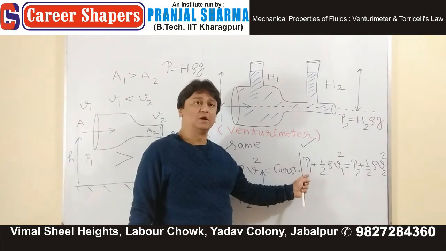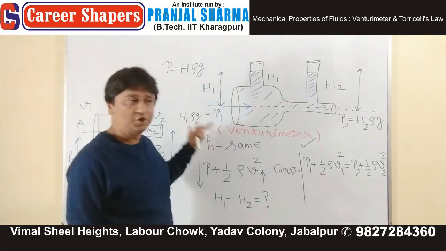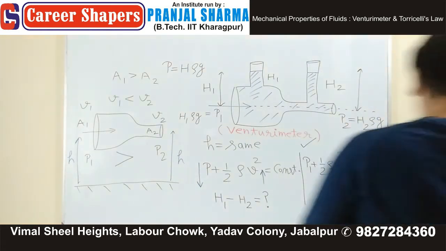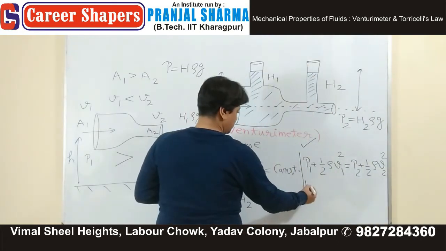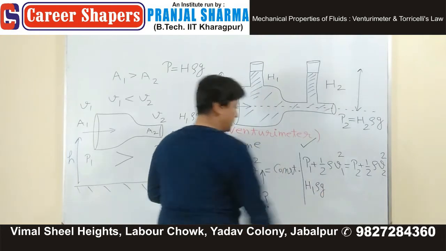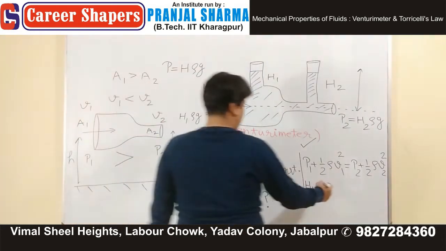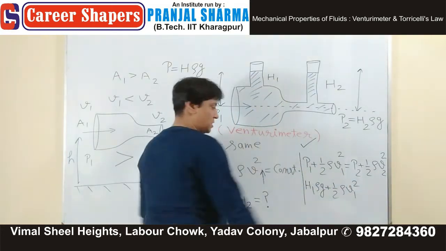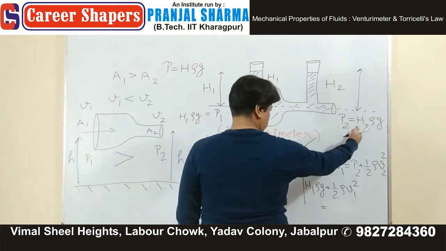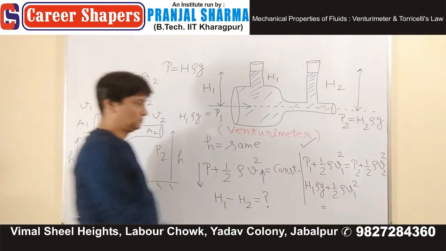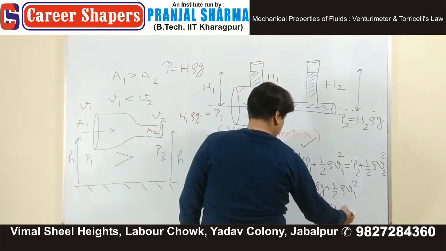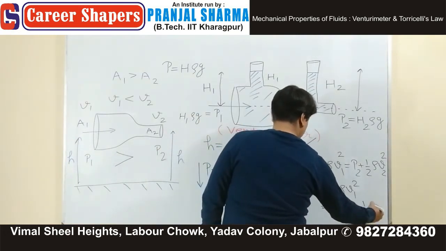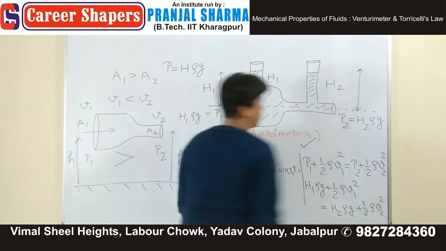What is this P1? H1 rho G. Write down that H1 rho G plus half rho V1 square is equal to P2, which is H2 rho G, plus half rho V2 square.